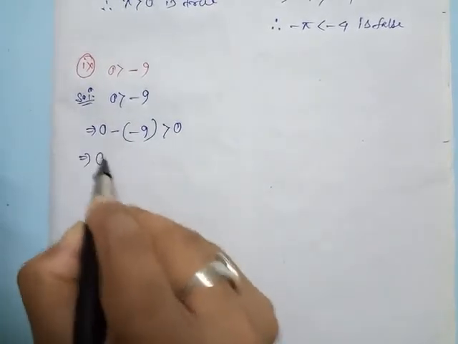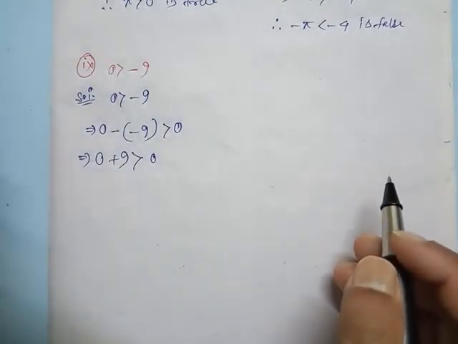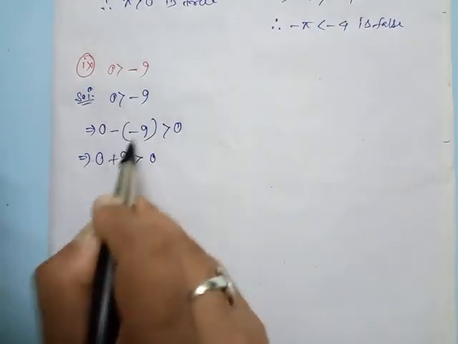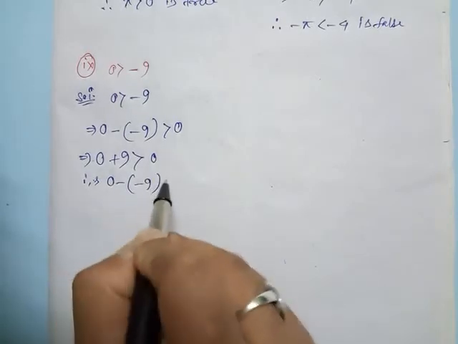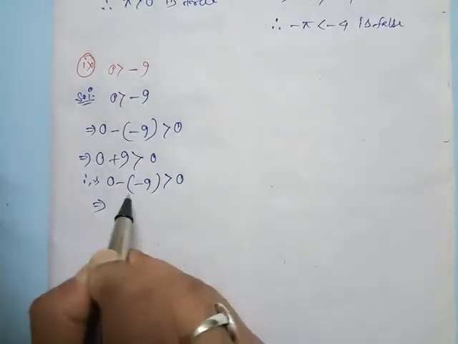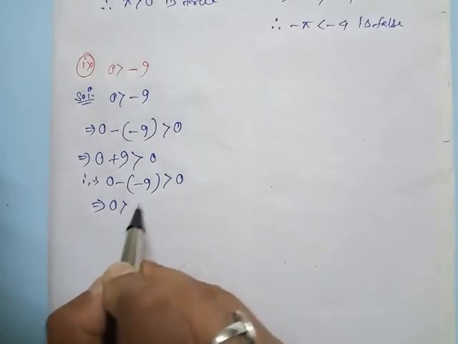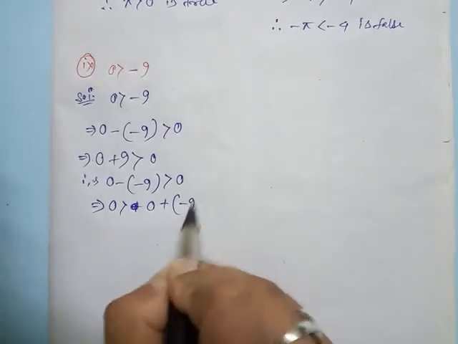So next step 0 plus 9 bigger than 0. Now student, this step I got from here, so I will write this again: 0 minus (minus 9) bigger than 0. Now if I take this value on that side, which means 0 bigger than, and changing the side means plus, first write 0, then plus, then in bracket minus 9.